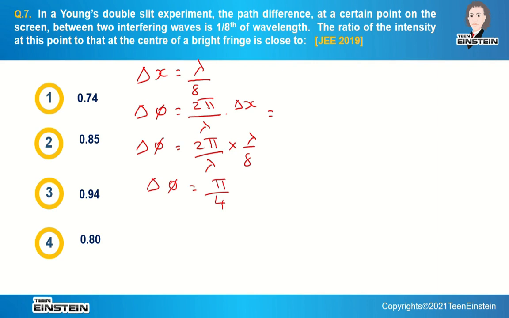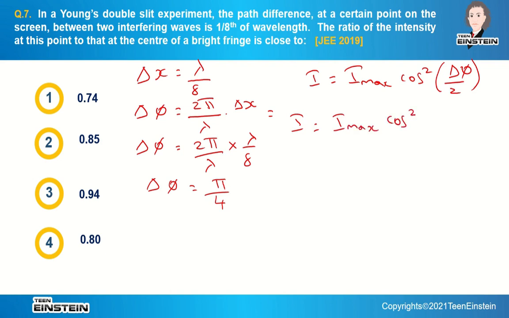At any point the intensity I will be given by I max cos square del phi by 2. So you substitute here, I max cos square pi by 8, because the phase difference is pi by 4 and dividing by 2 it becomes pi by 8.